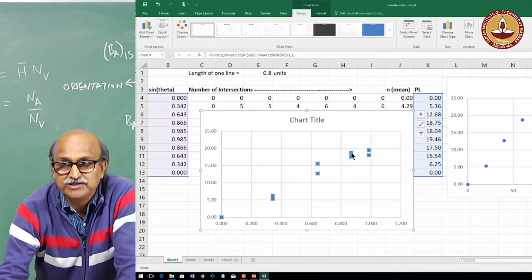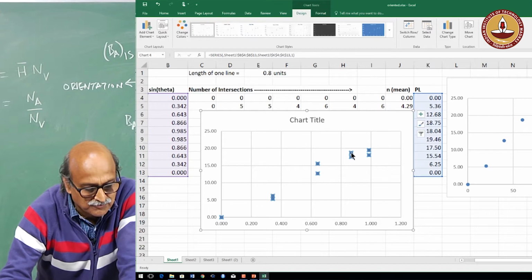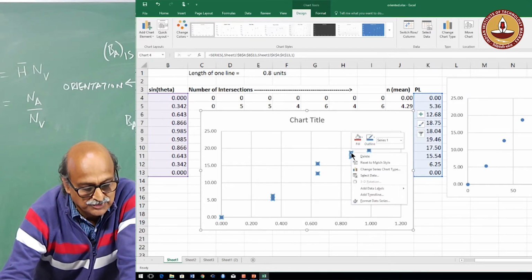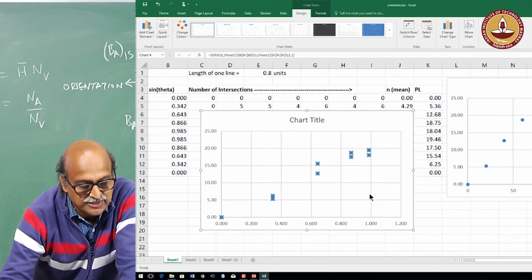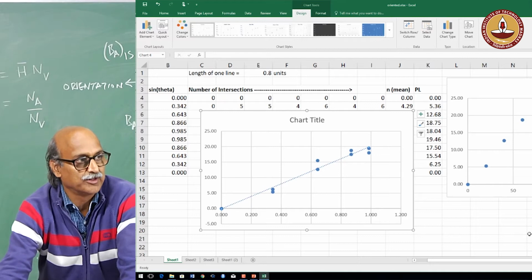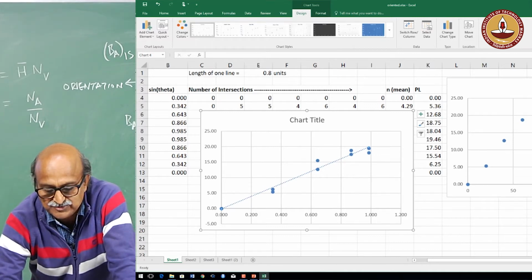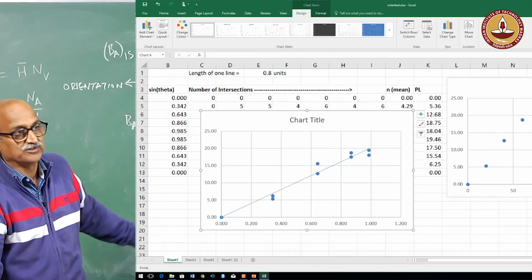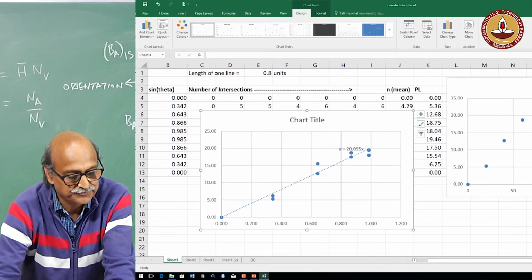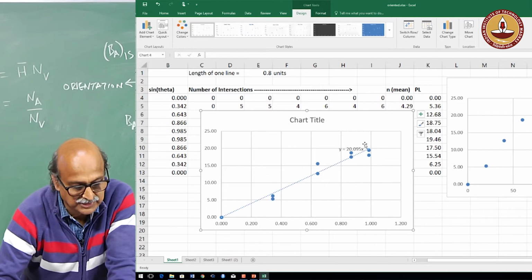There is a technique called the least squares technique, which we will not go into. We can just add a trend line in Excel. Excel uses the least square method to fit the best line, and I will set the intercept to 0 because this line should pass through the origin. And let me display the equation.